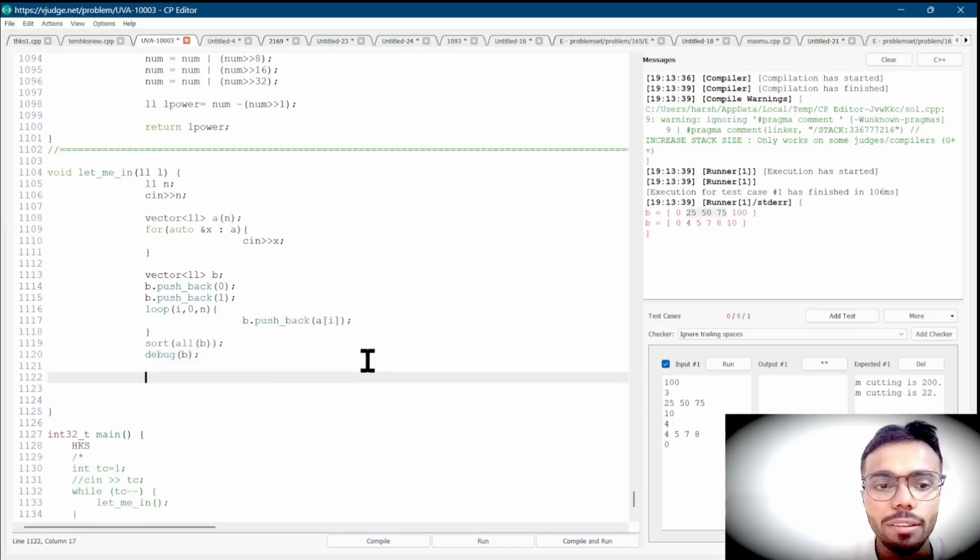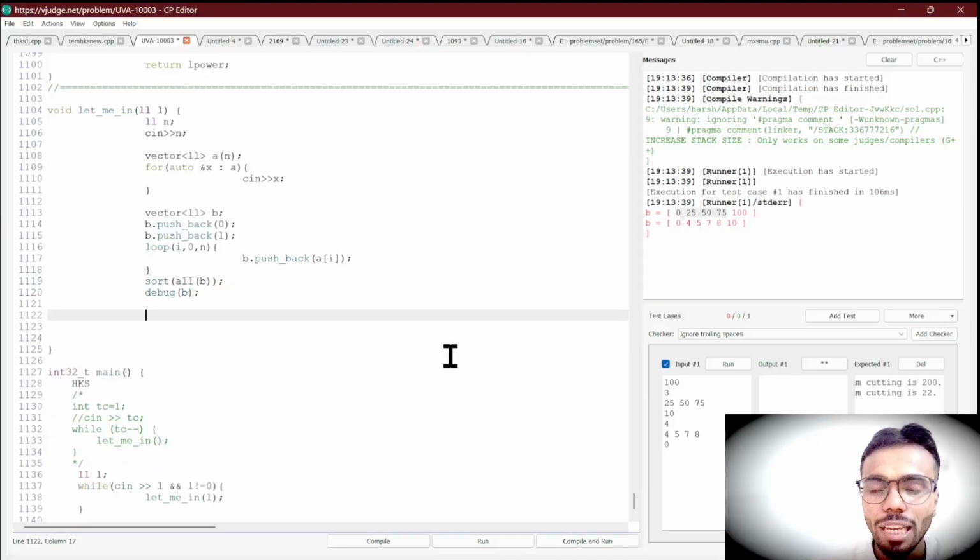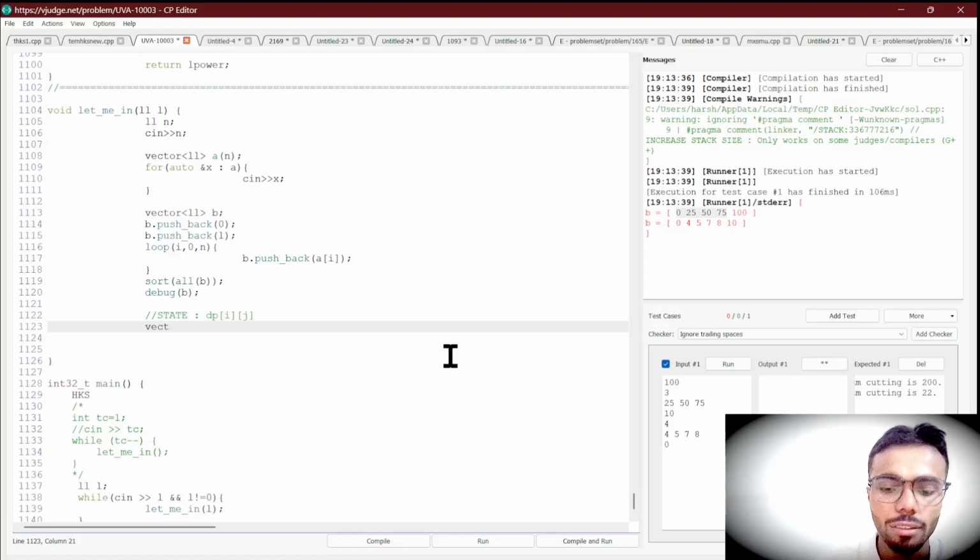Fine. Now I come to what I need to find. I just need to find the state here, and that is dp[i][j], which we already talked about, representing the minimum cost to perform all cuts in range i to j. So I allocate it in a container representing DP. But what will be its size?